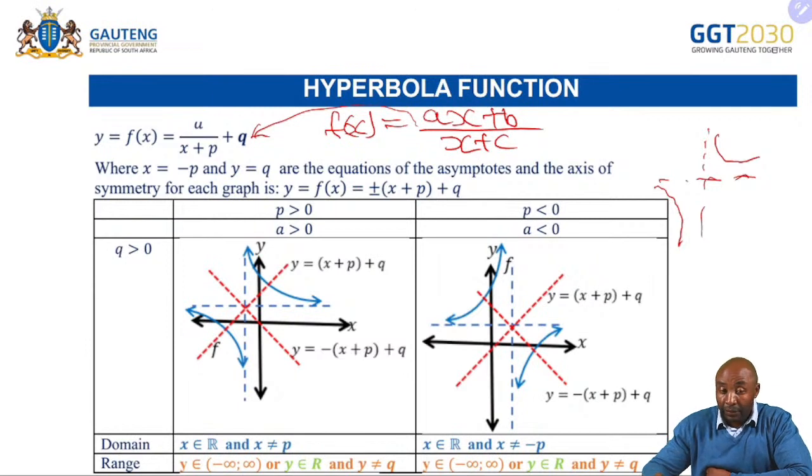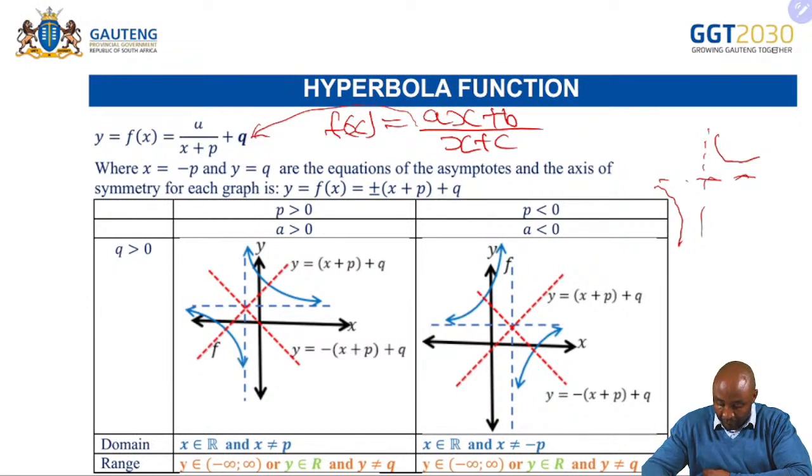And we use factorization, and we shall learn another method of long division to help us move from what I have up there to the original function of f of x is equal to a over x plus p, plus q. And then we are able to see our effects of a, the effects of p, and the effects of q on our graph.